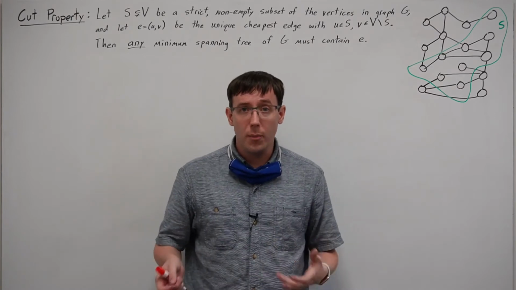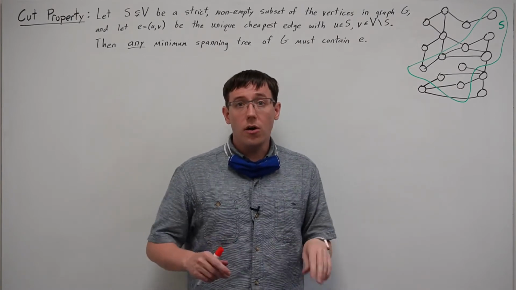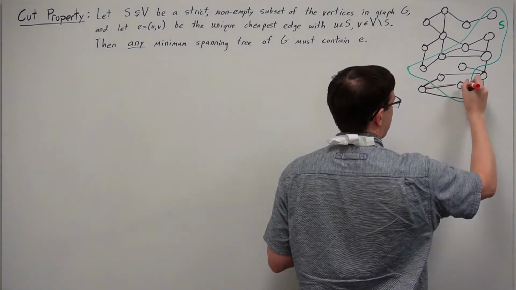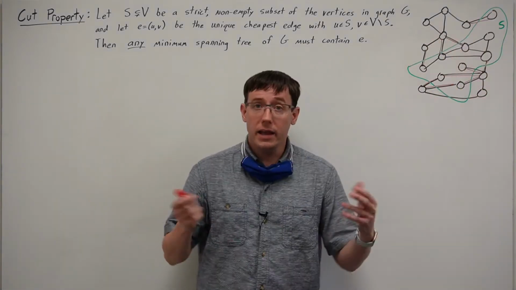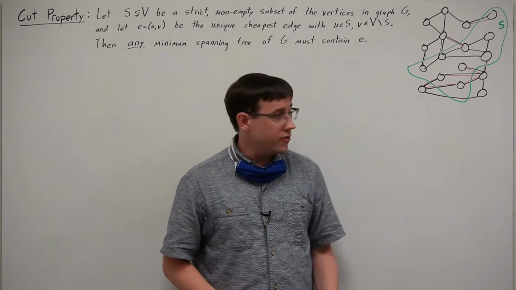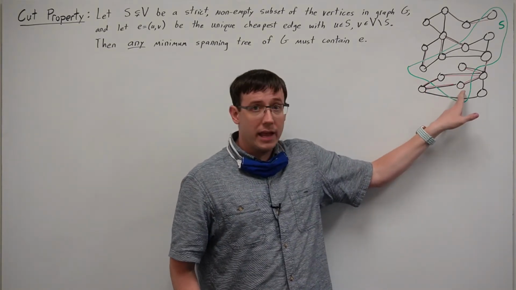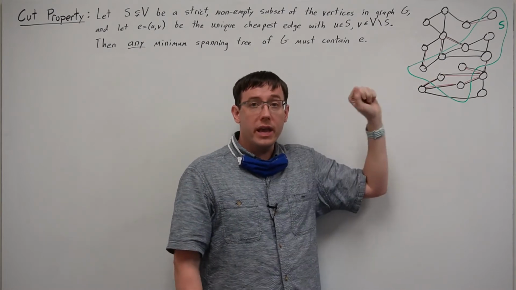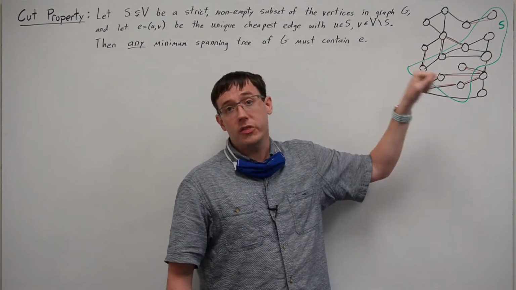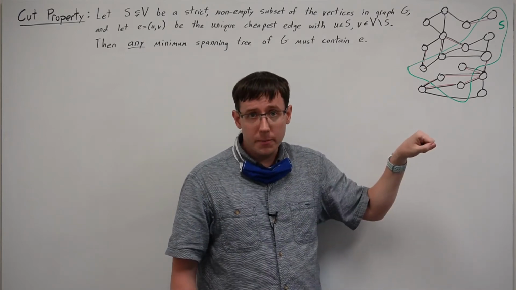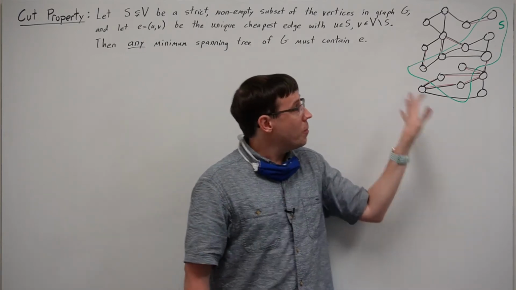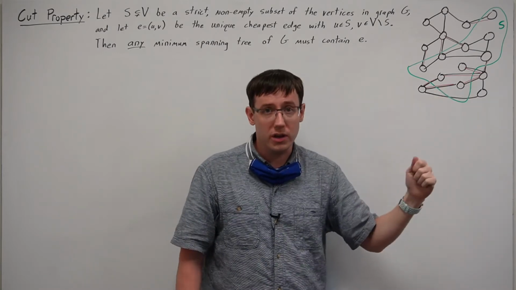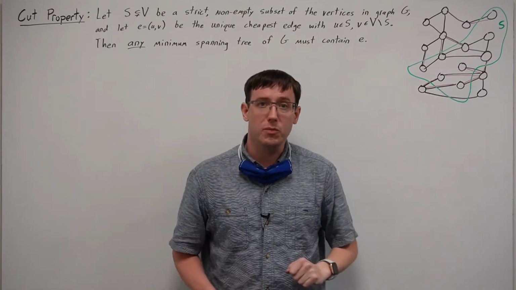So then the cut property asks us to consider all of the edges that cross the cut. And it says that among the edges that have one end inside my set and one end outside, we can pick the one with the smallest weight, and we know that no matter what cut I chose, the cheapest edge across the cut must be in the minimum spanning tree.